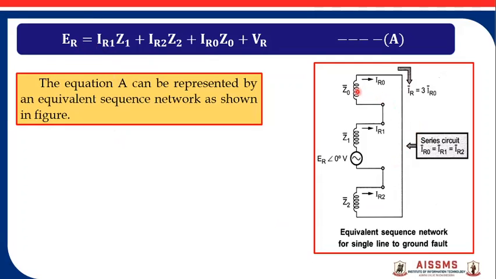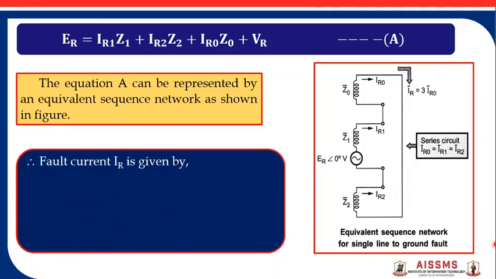So the sequence impedances are shown in series with one another: Z0 the zero sequence impedance, Z1 the positive sequence impedance, Z2 the negative sequence impedance. These are the currents delivered by the sequence networks. As you know, IR0 equals IR1 equals IR2, and as these are in series, the same current flows through all the sequence impedances. This network is called the equivalent sequence network for single line to ground fault.